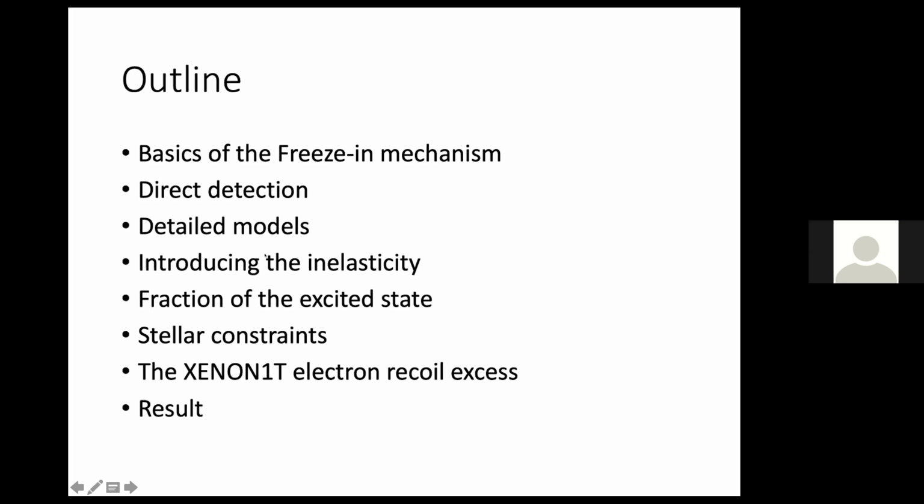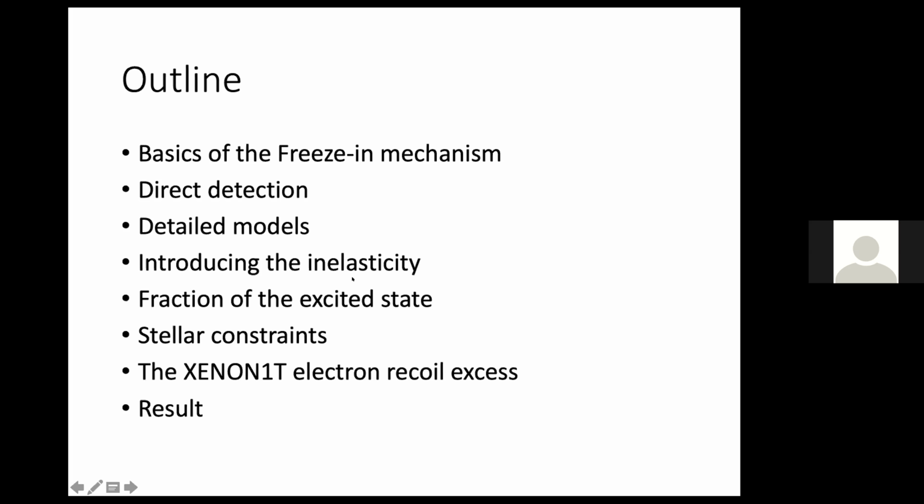And to be able to see it today, we must introduce inelasticity in the dark sector. Because we introduce inelasticity, we have a ground state of dark matter, and we also have an excited state of dark matter.